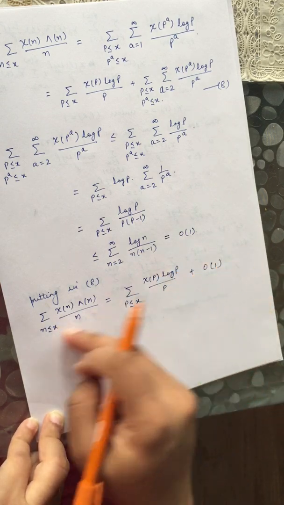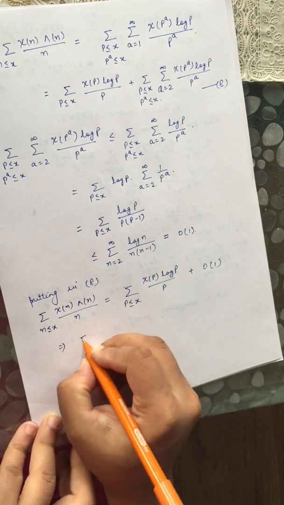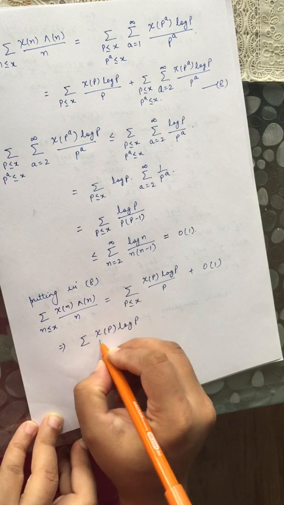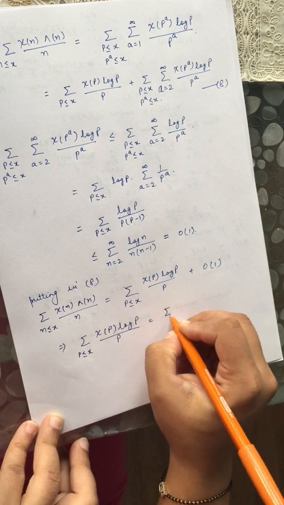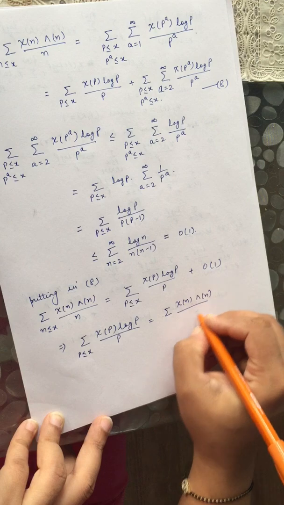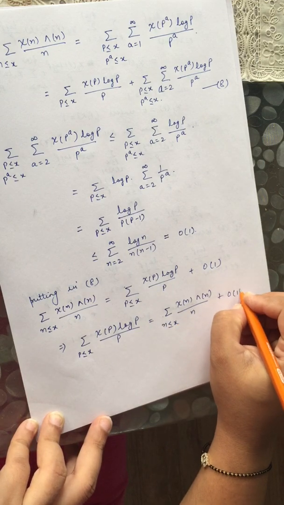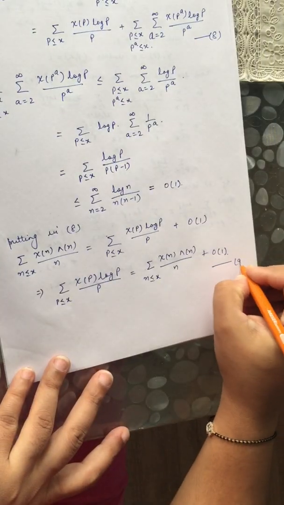So we can interchange their sides. So we get summation χ(p) log p / p is summation χ(n)Λ(n)/n over n plus order of 1. Now this equation is 9.